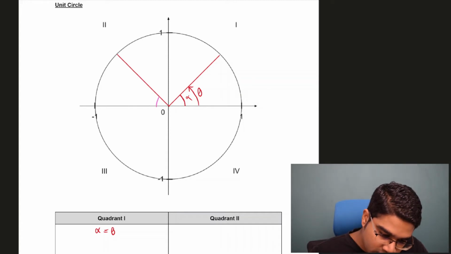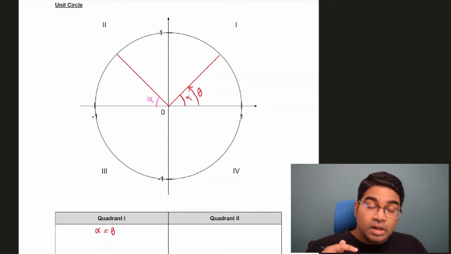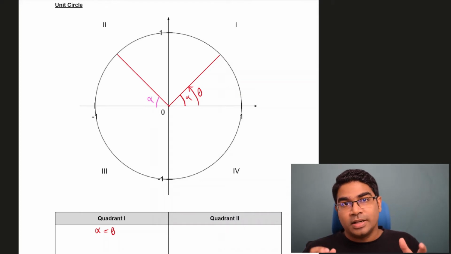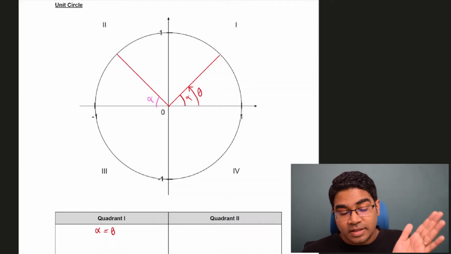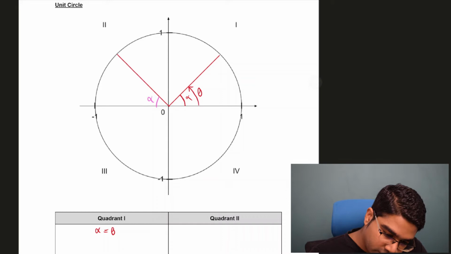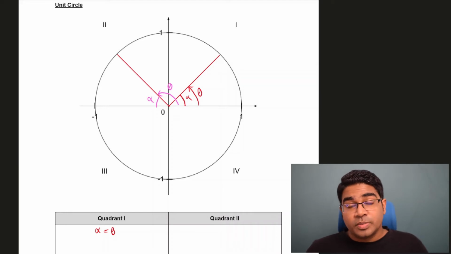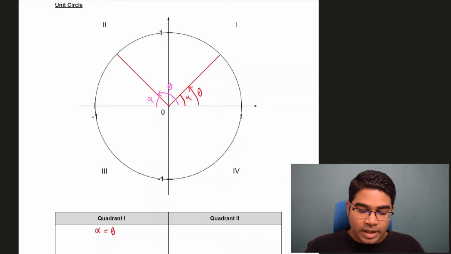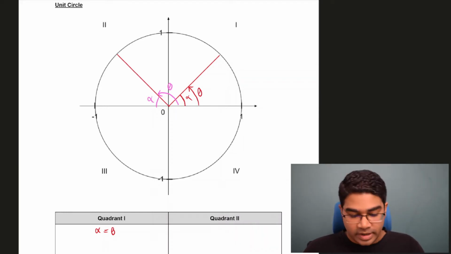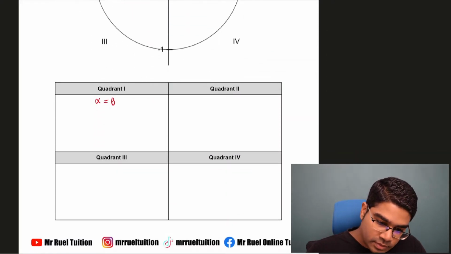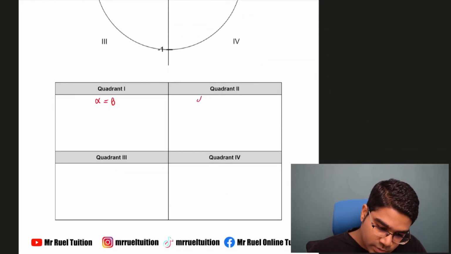Theta is still the angle between the positive x-axis and the line. You can see that alpha plus theta equals 180. Therefore, alpha equals 180 minus theta.